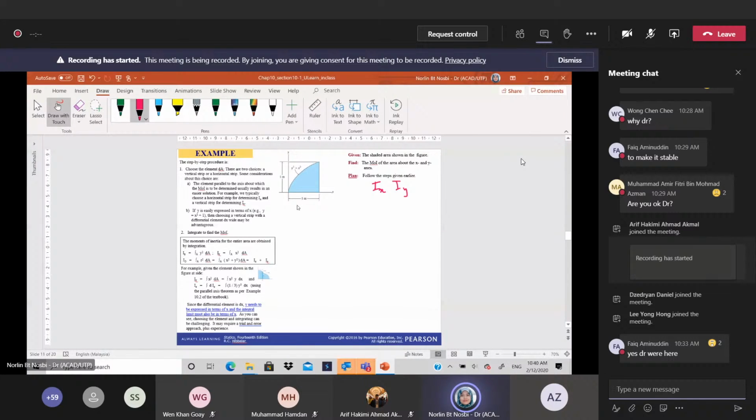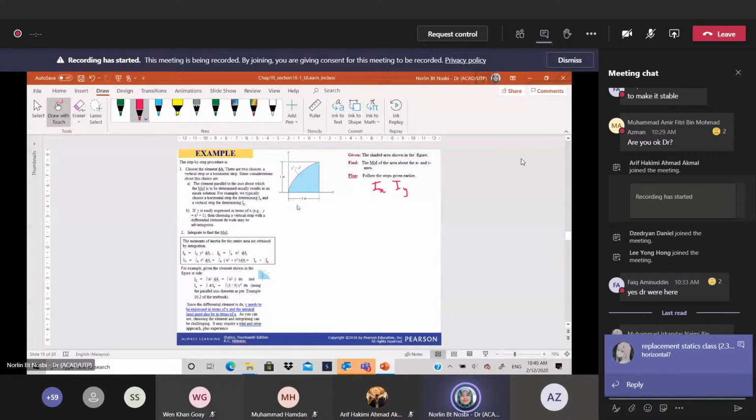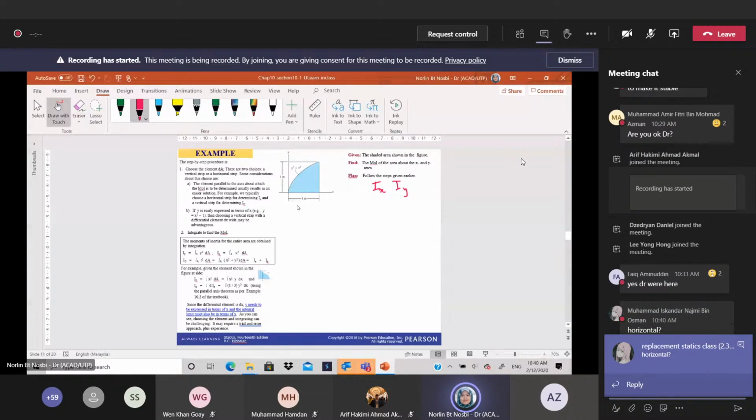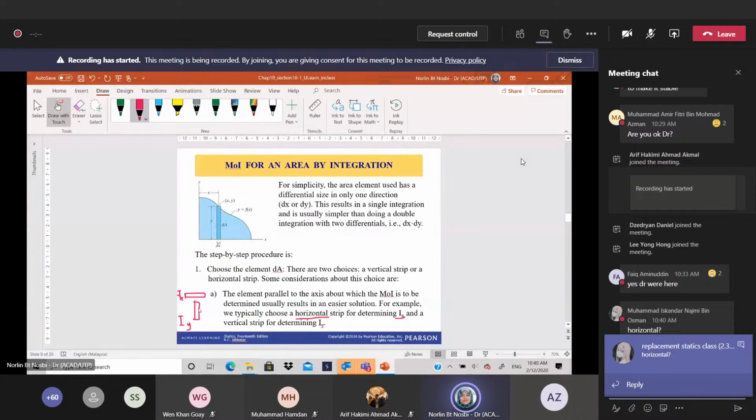First step, you need to choose. For vertical, it is Iy, and for horizontal, Ix. So in this situation, which one do you prefer?